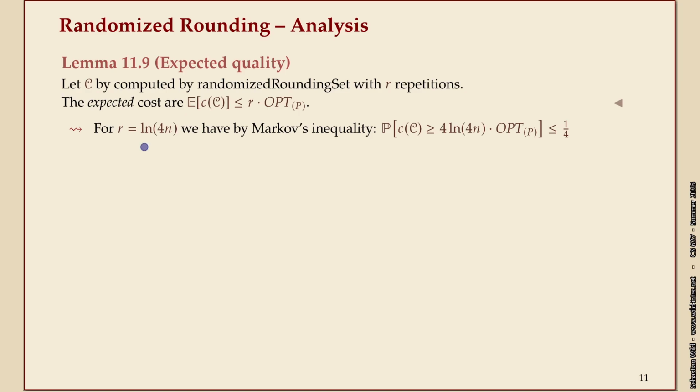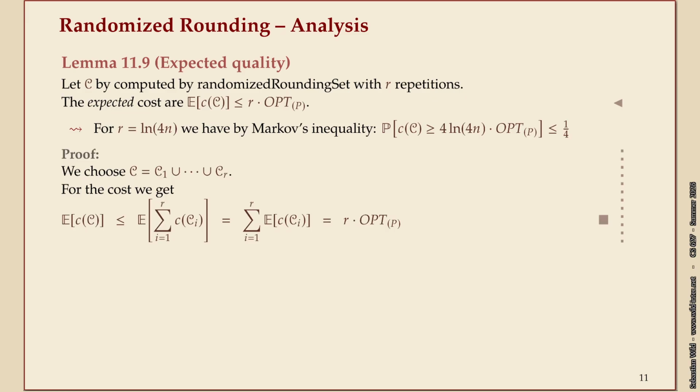This is only about the expected cost. We can, as always, use Markov's inequality to turn that into a success probability when we scale up the expectation a bit. So in particular, 4 times the expected value will give you a probability of 1/4 to be above that. That's more what we're going to use on the next slide. But let's first prove this in the general sense.